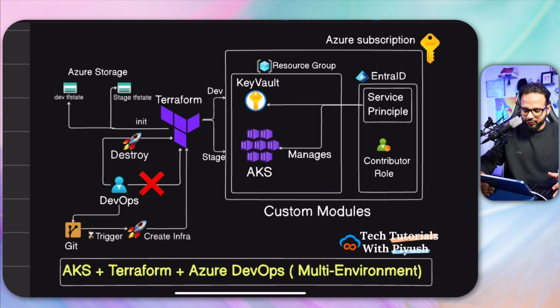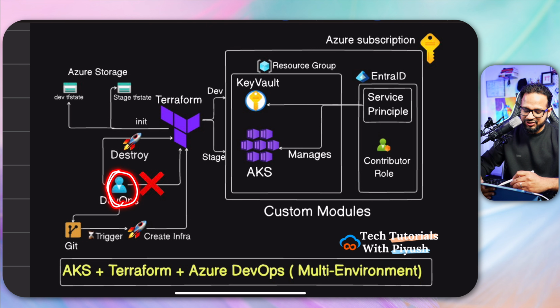Okay, so as you can see, we have a Terraform over here, right? So earlier, when we did, I believe, day 20 project or somewhere where we discussed everything about AKS cluster creation using Terraform, we did that with the help of manual Terraform CLI commands, right?